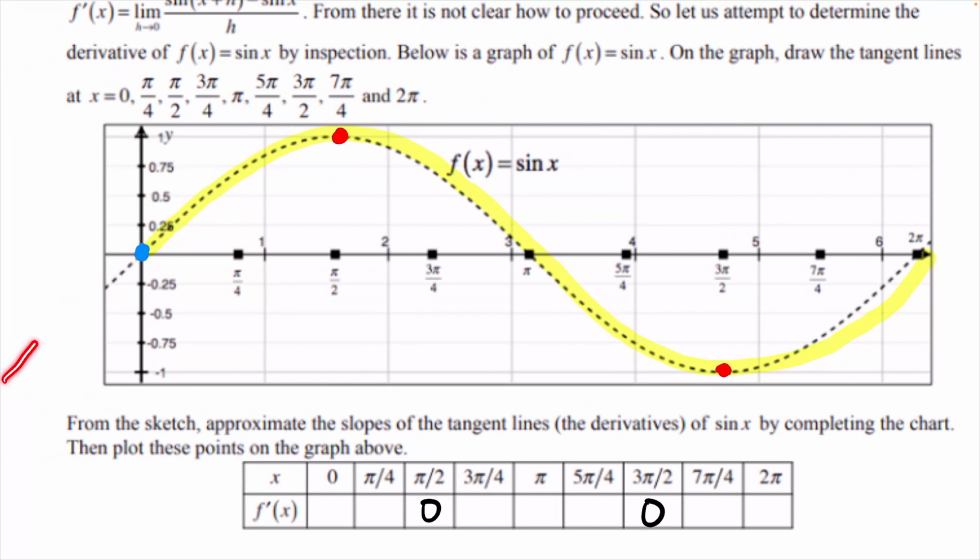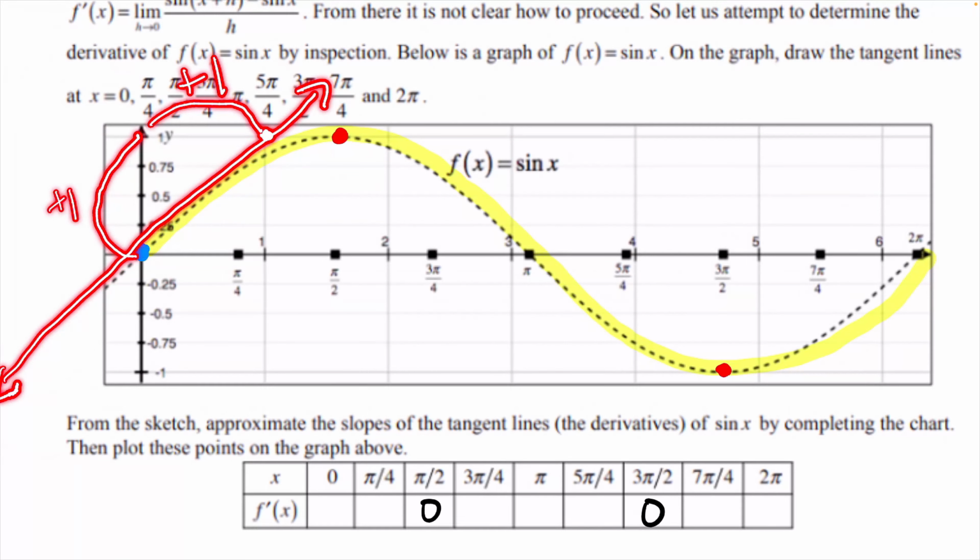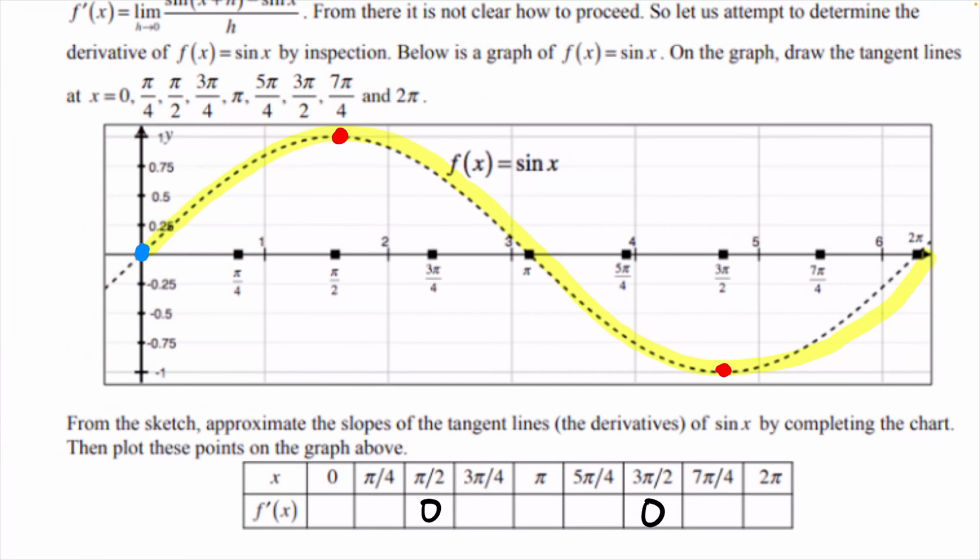Let me draw it better. So start at the blue. How many did I go up? How many did I go over until I hit another? I went 1, right? I went up 1 unit, over 1 unit. And there's another dot there, right? So what slope does this line have? 1. 1 over 1, which is 1, right? So at 0, I have a slope of 1.